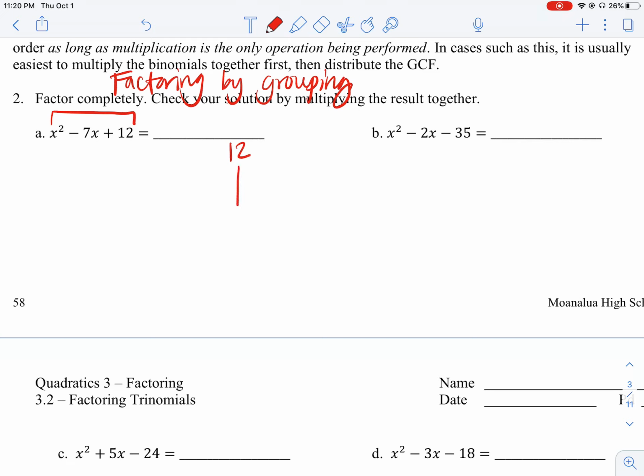Okay, and then you're going to find two numbers that when you multiply, you get a 12. What are the numbers that you multiply, you get a 12? That would be 6 and 2. That's a positive 12. That's a 3 and a 4. That's a positive 12.